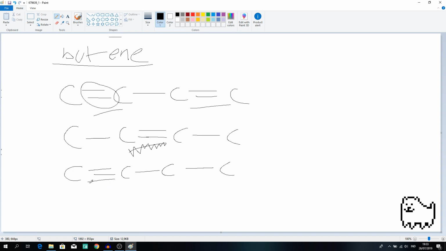This looks like a triple bond. It shouldn't be a triple bond. What was I saying? Yes, okay. Each of these carbons has a number. So this is the first carbon, this is the second carbon, this is the third carbon, this is the fourth carbon. It's just read from left to right, or you can also read it from right to left.